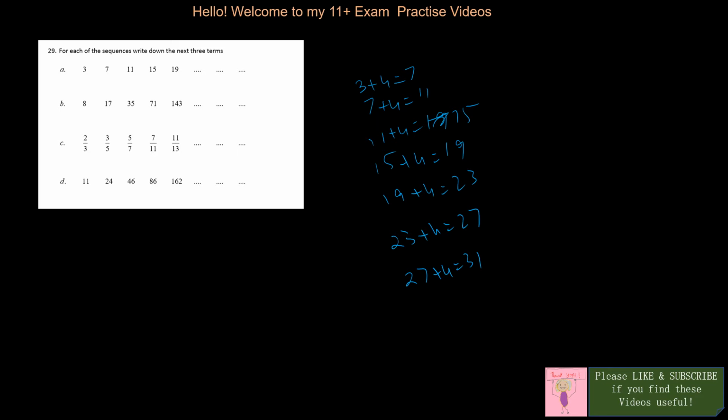So after 19, we get 23, 27, 31. So let us write it. We get 23, 27, 31.